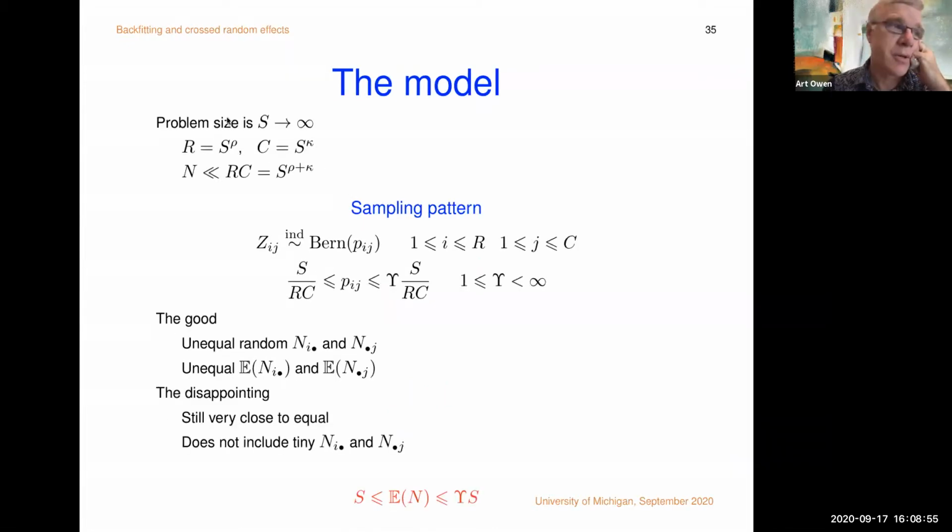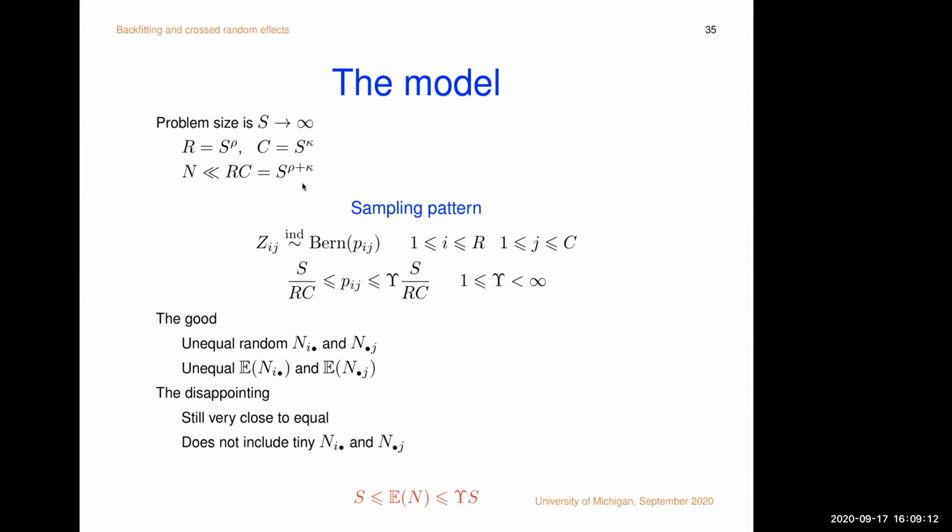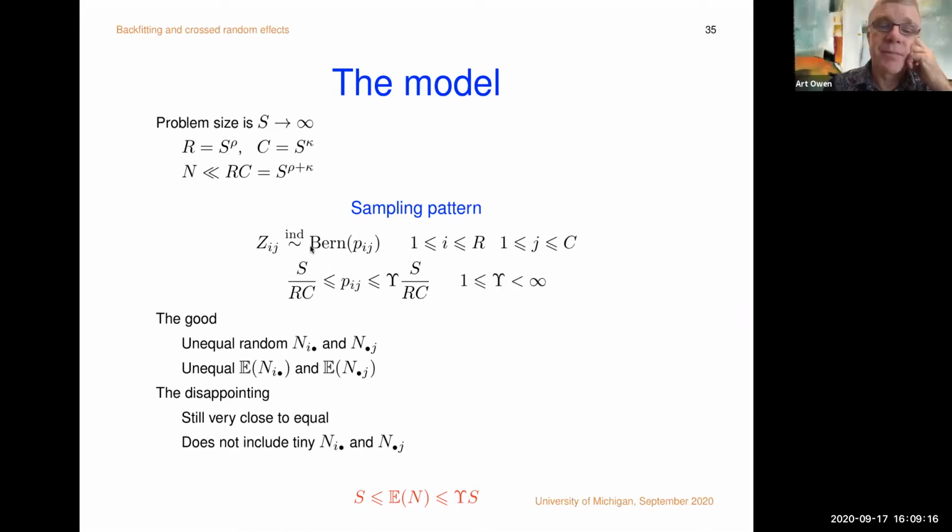And here's our model. The size of the problem is S, which goes to infinity. And then the number of rows we have is S to the power rho. And the columns we have is S to the power kappa. And our sample size is way below S to the rho plus kappa. And here's our sampling model. It's independent Bernoullis to see that data point.